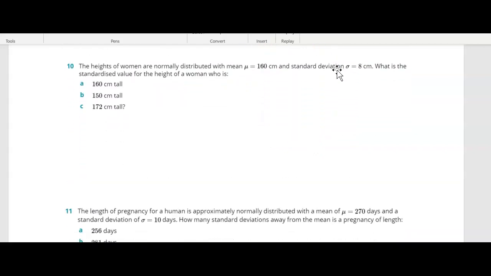All right, let's have a look at question 10. The heights of women are normally distributed with a mean of 160 and a standard deviation of 8. Let's first of all draw our bell-shaped curve. It doesn't take long to draw this curve, and visually it just makes it so much easier.